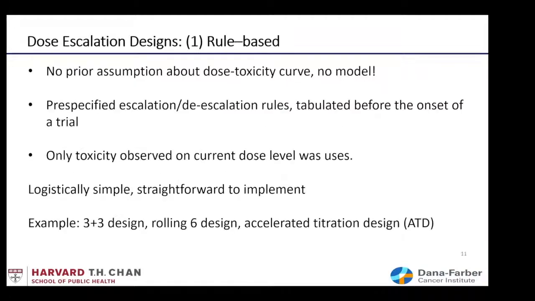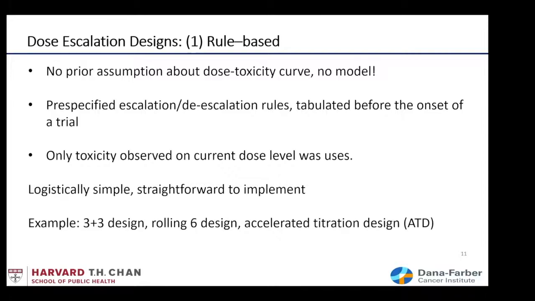Okay, so let's review rule-based designs again. Rule-based designs are straightforward and relatively simple. We don't have any prior assumption about the toxicity curve. Every dose level is treated the same, starting from the lowest dose level.